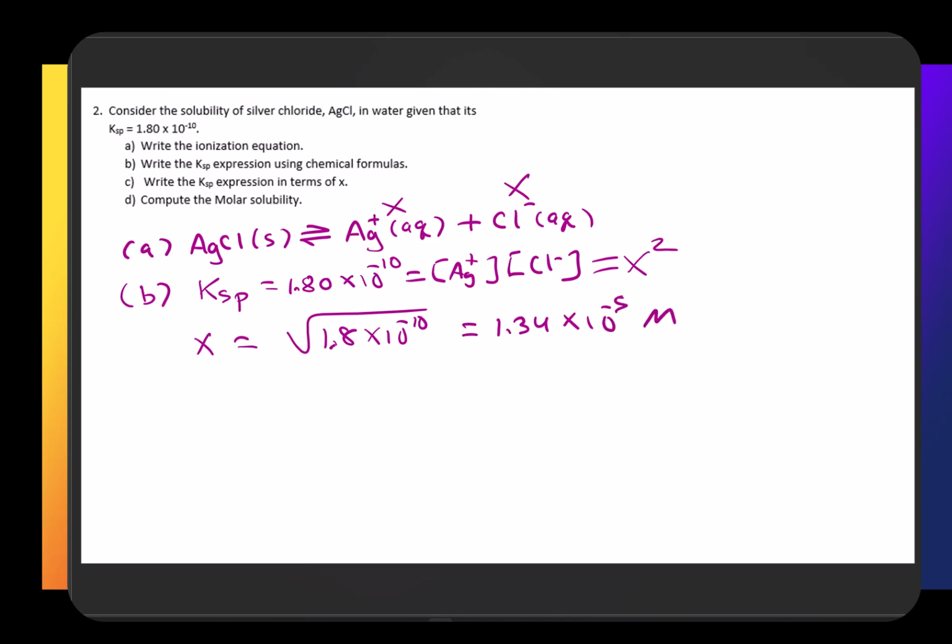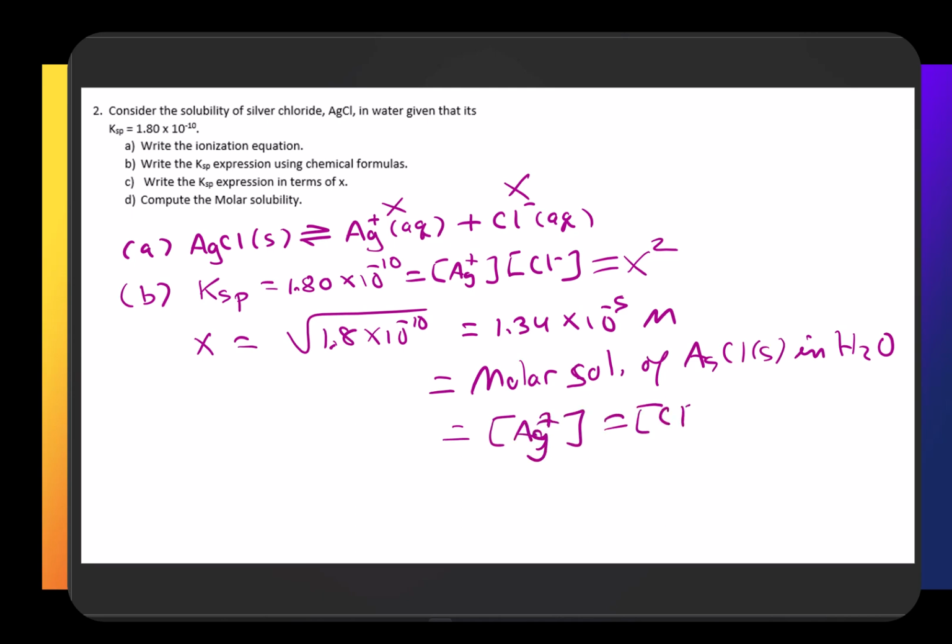That's the molar solubility, or just solubility. It's also equal to the dissolved silver ion and dissolved chloride ion concentrations. In other words, if we lose X moles per liter of silver chloride, we're going to form X moles per liter of either product ion.